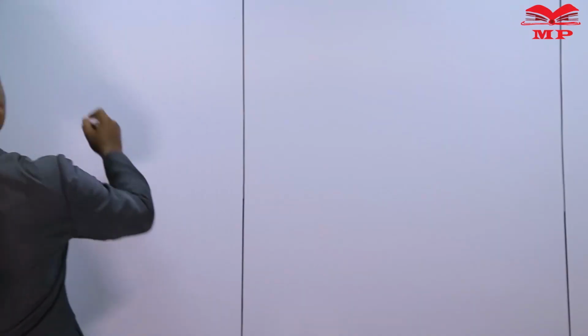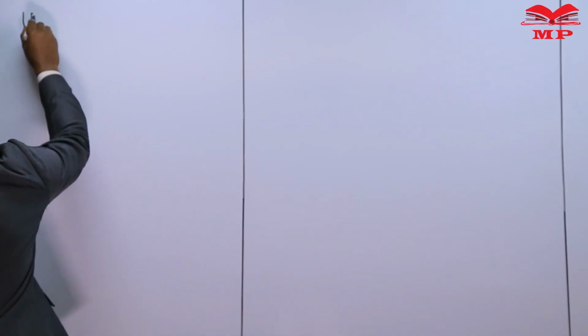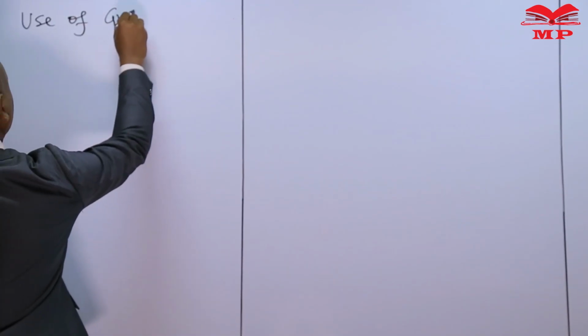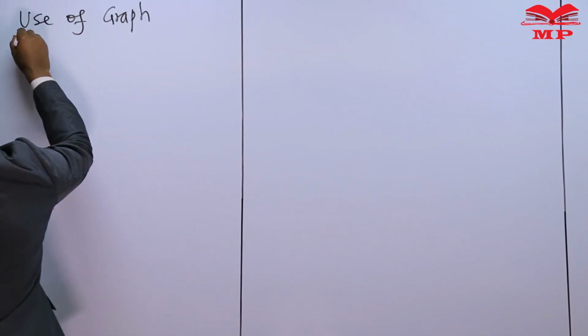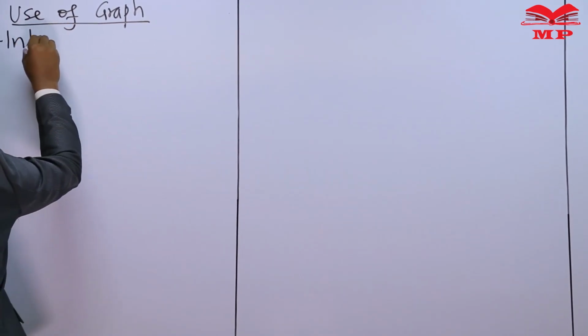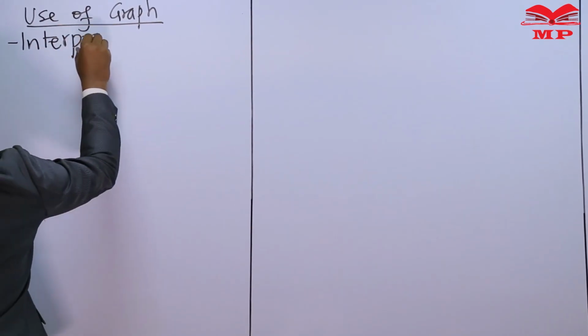And before we do that, there are very important things that the learner should be able to know about graphs. And they are as follows. So we have the use of graph. Graphs are normally used in interpreting data, interpretation of data.